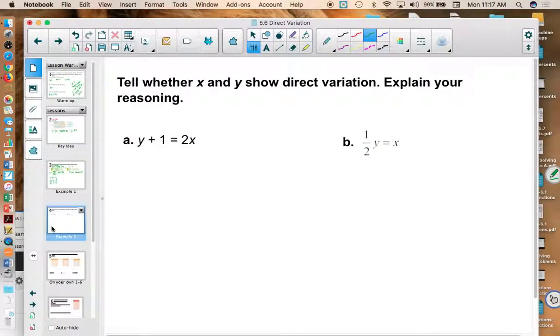Tell whether x and y show direct variation and explain your answer. I got a formula. How am I going to know by looking at that formula, or can I tell by looking at a formula, if I'm going to have direct variation or not?